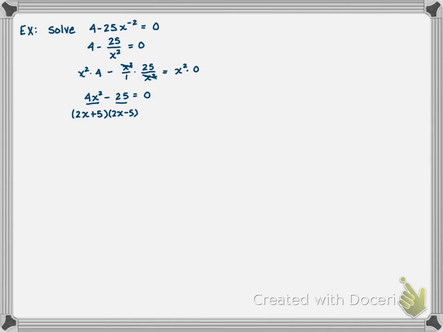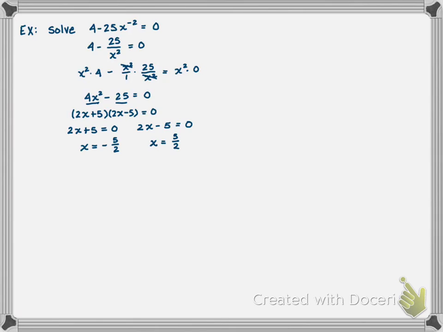One's positive and one's negative. And so equals 0. So we'll set each factor equal to 0. And we get x equals negative 5/2 and x equals positive 5/2.